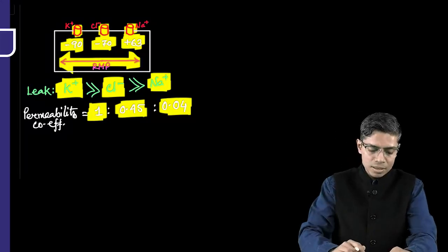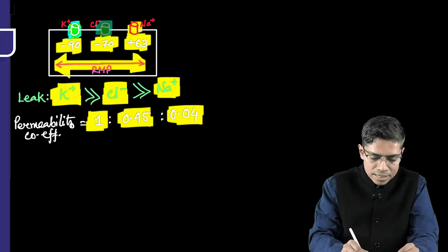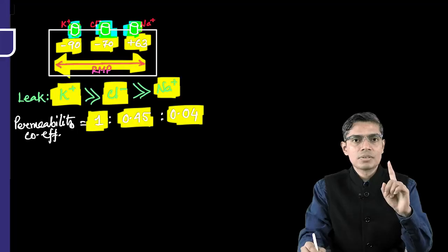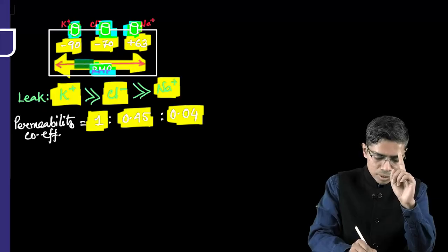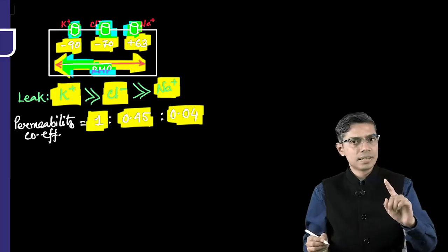So now I can understand, although these three ion channels are fighting with one another for generation of the RMP, the potassium is the strongest because of its maximum permeability, and that's why this RMP will move close to the equilibrium potential of potassium.